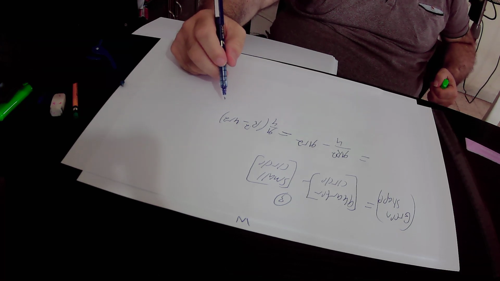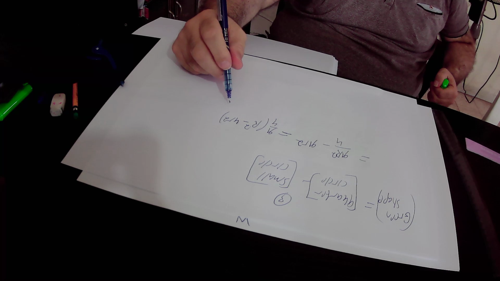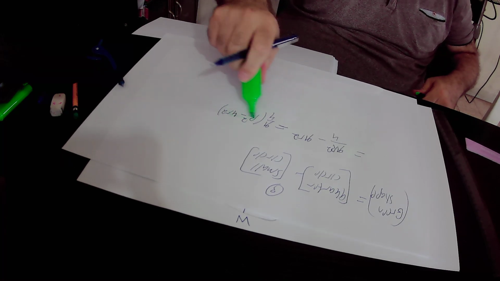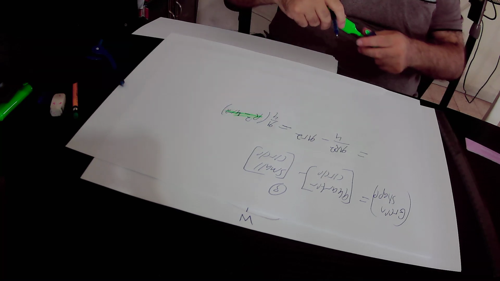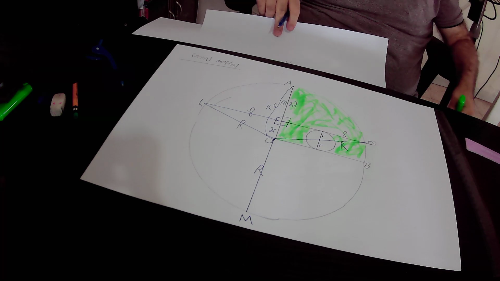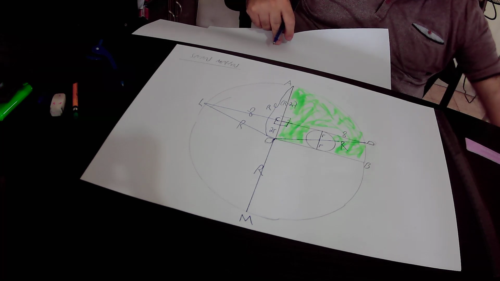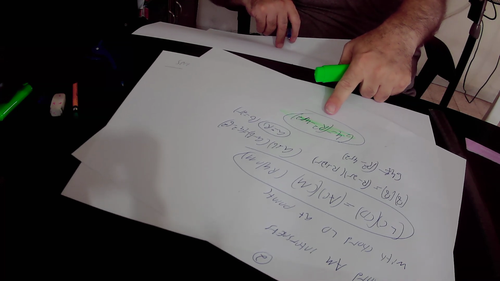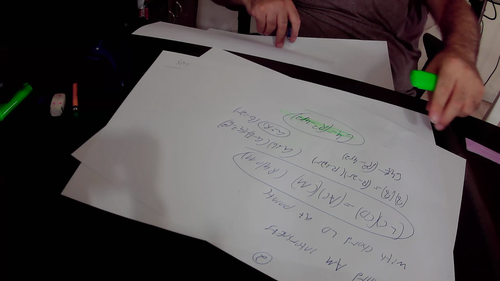So we found out that the area of the green shape equals pi over 4 times capital R squared minus 4r squared. But this expression, capital R squared minus 4r squared, we have already found out equals 64.